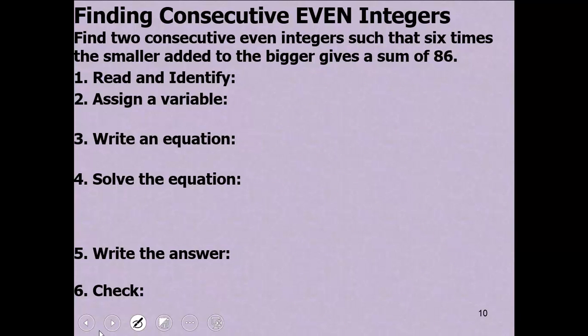Find two consecutive even integers such that 6 times the smaller added to the bigger gives a sum of 86.